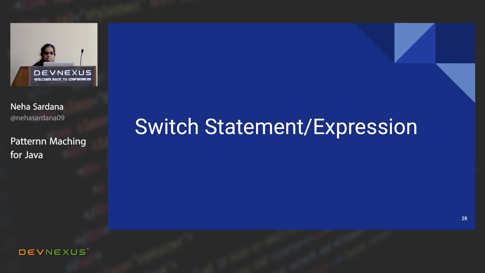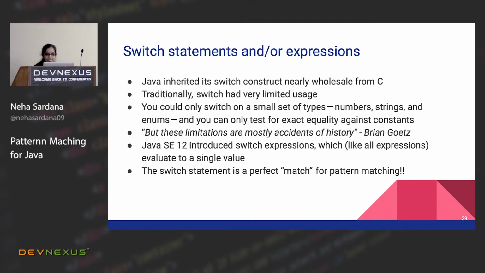So let's continue with switch statement and expression, one of my favorites. When Java inherited the switch construct, I think it just copy-pasted it from C. Traditionally, switch had very limited usage, and that's why a lot of people started using if-else conditions, and then we got stuck with it.